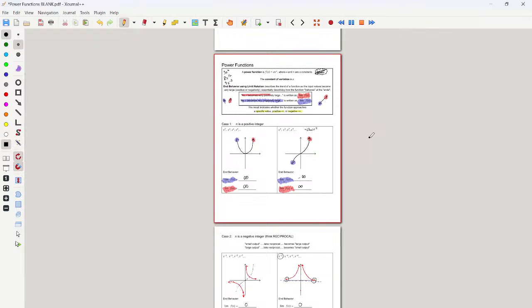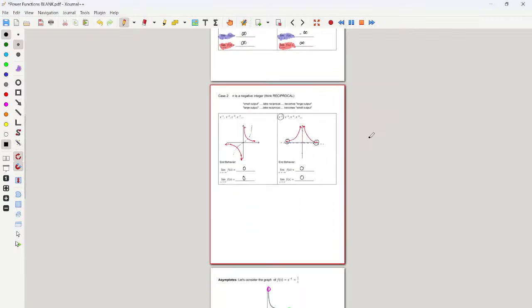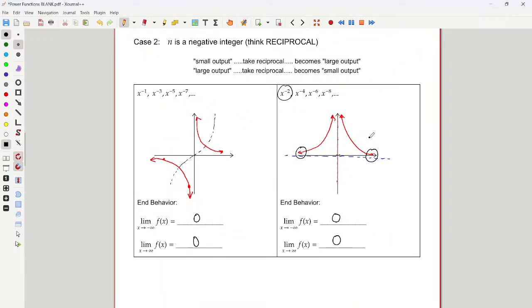I said 5 graphs. Did I lie? Did you already know x squared? Yep. So nothing new there, except extend it to x to the 4th, 6th, and 8th, and whatever. Maybe you didn't know x cubed. So there's 1. Reciprocal of U-shapes, reciprocal of chairs. Small become big, big become small.